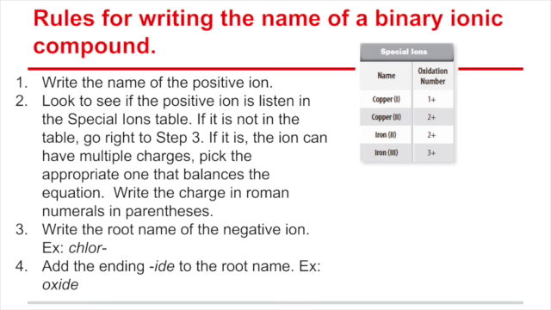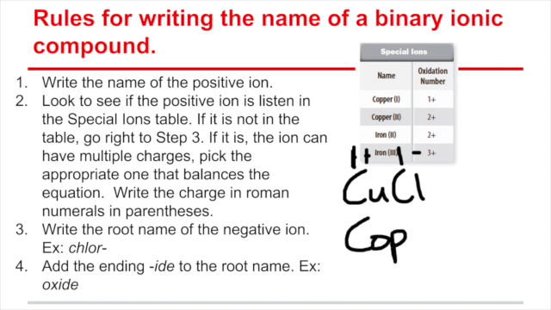You'll say, what if it wasn't copper 2? What if it was just CuCl, and this time Cu was a 1+ instead of a 2+, and a 1- for chlorine? So step 1, write the name of the positive ion. Again, we write copper.